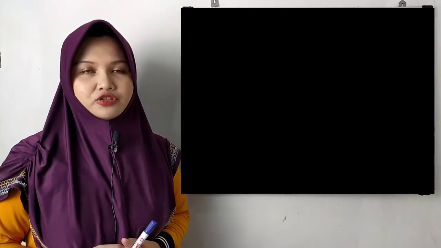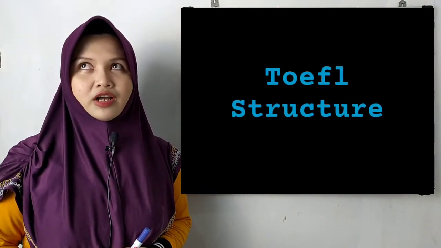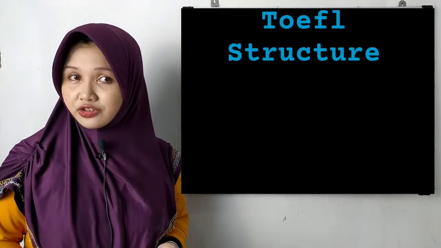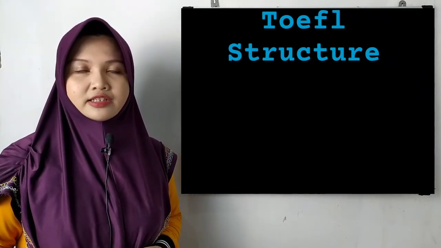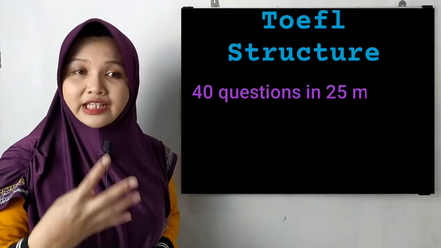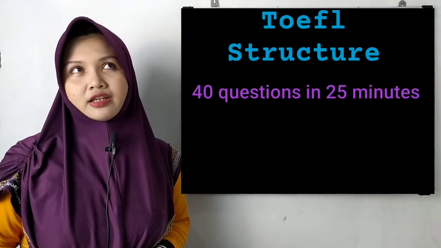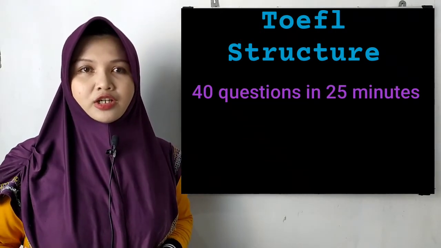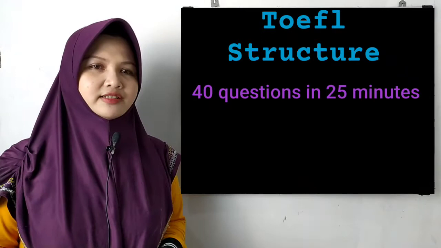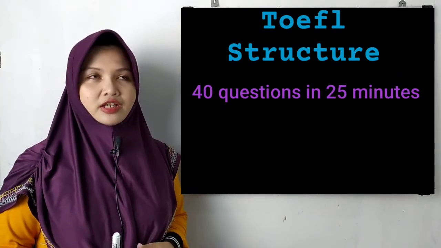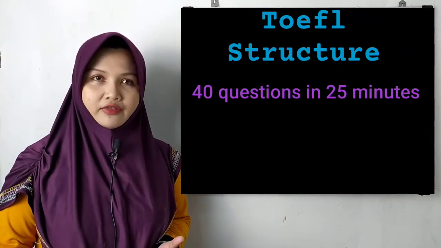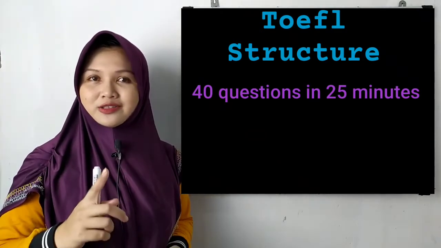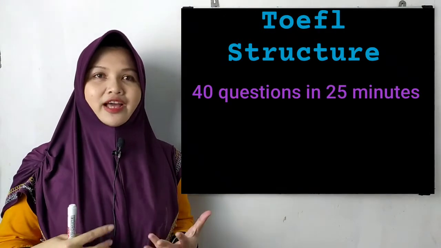And in TOEFL, structure is located in the second part after the listening section, and it consists of 40 questions, and you have only 25 minutes to accomplish these 40 questions. So basically, you only have 37.5 seconds to answer one question.